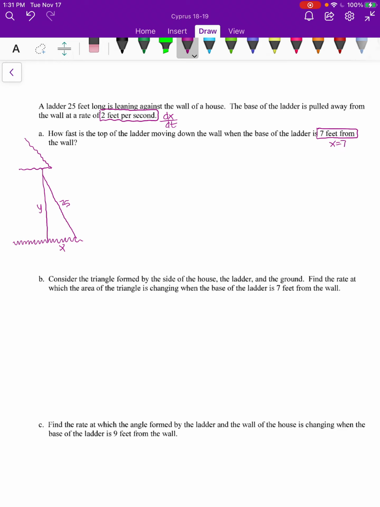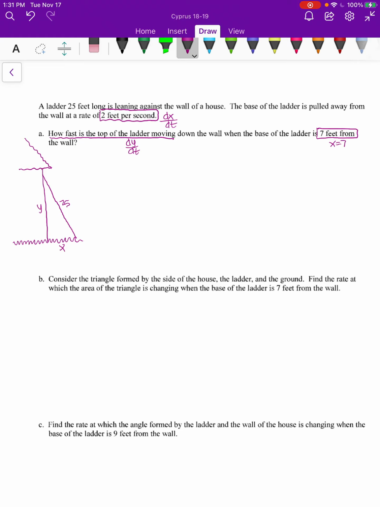And when the base of the ladder is 7 feet from the wall, that means that we're looking when x is 7. So what are they asking me to find? How fast is the top of the ladder moving? That's dy dt, because that height from the ground to the top of the ladder is y.